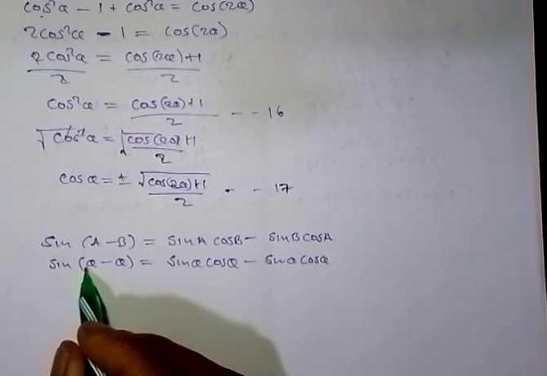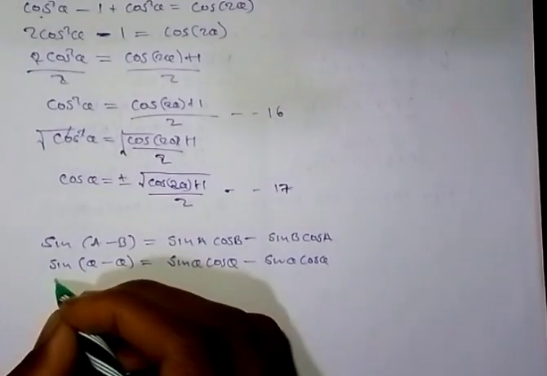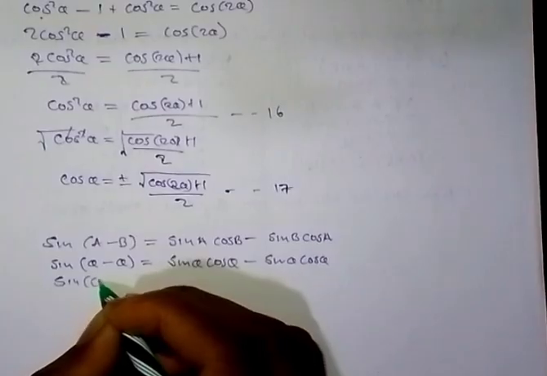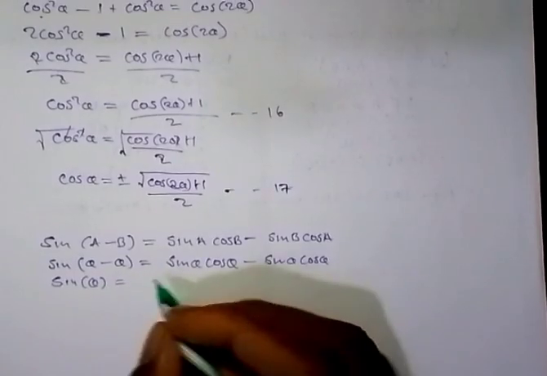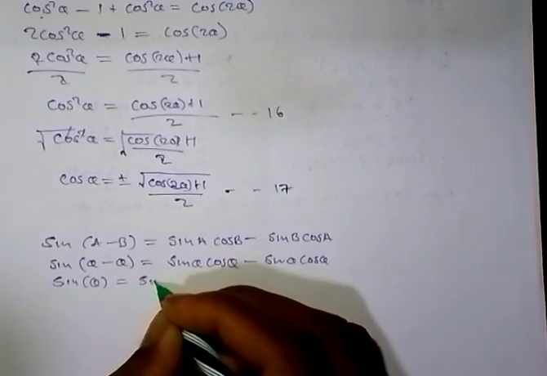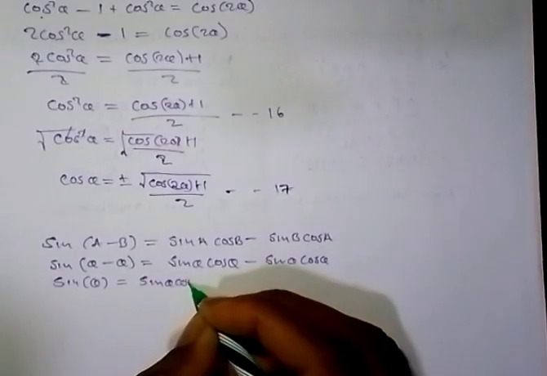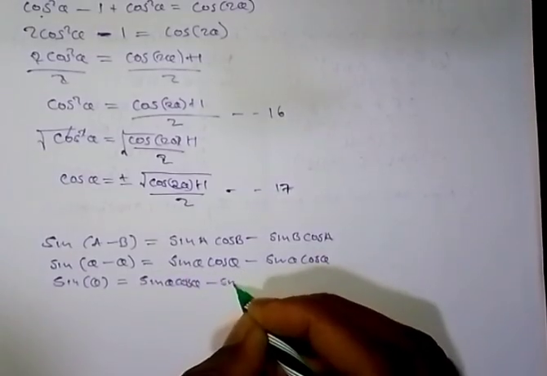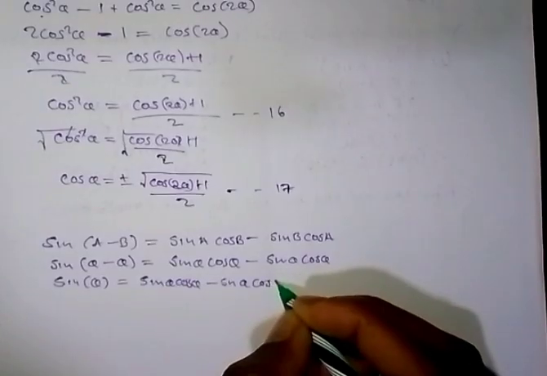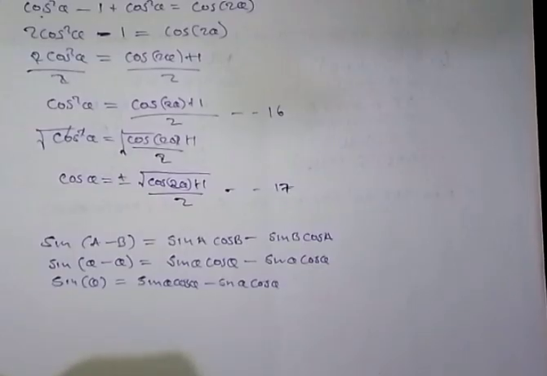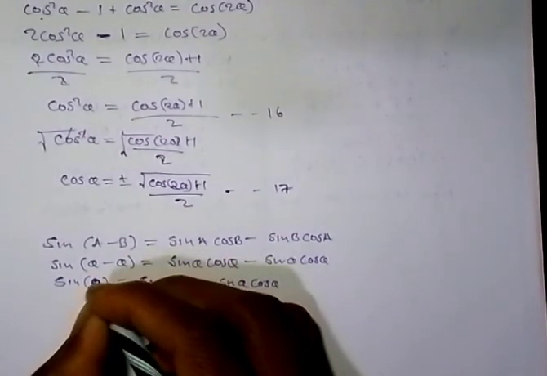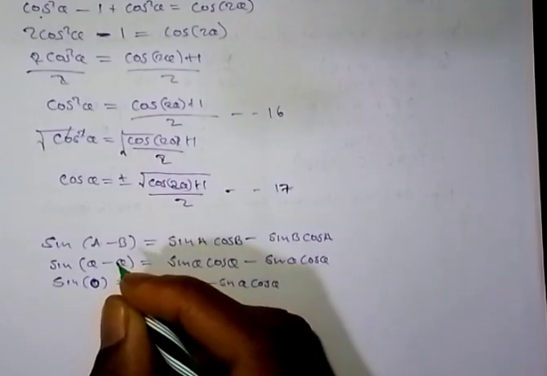So you see that theta minus theta, you get 0. Sine 0 will be equal to sine theta cos theta minus sine theta cos theta. So you see that this is the formula that we use to prove that sine 0 is actually going to be 0.